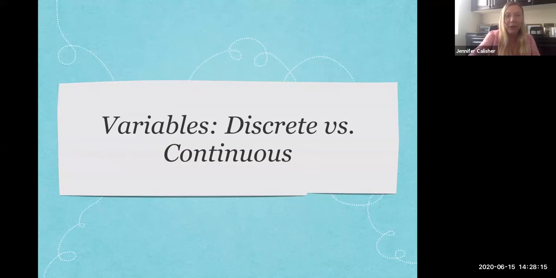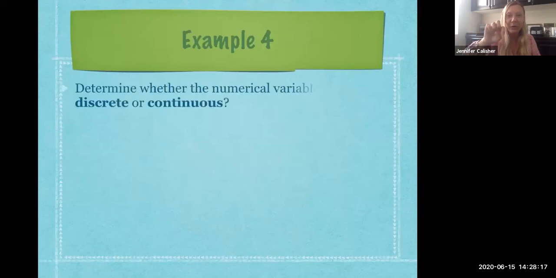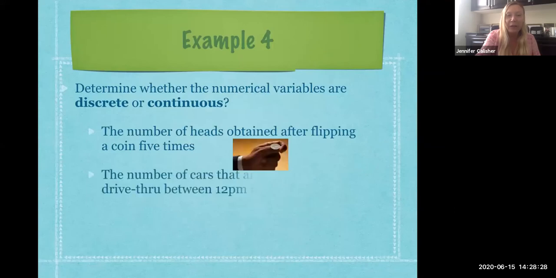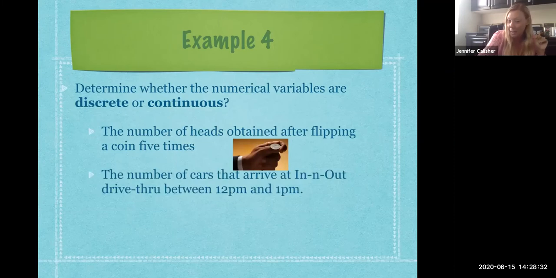Okay, so going through all of that, take a look at example 4. Determine whether the numerical variables are discrete or continuous. So the number of heads obtained after flipping a coin. Now this is where I can't see it anymore, but I think it says the number of cars that go to a drive-through for In-N-Out from 12 p.m. to 1 p.m. Did I remember it okay?